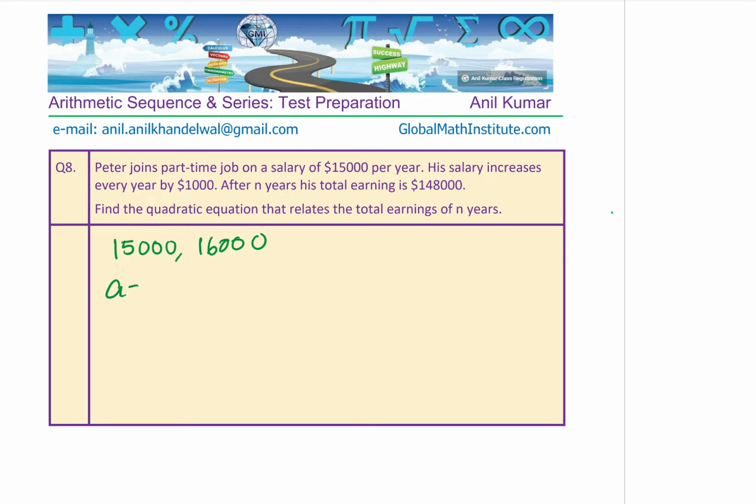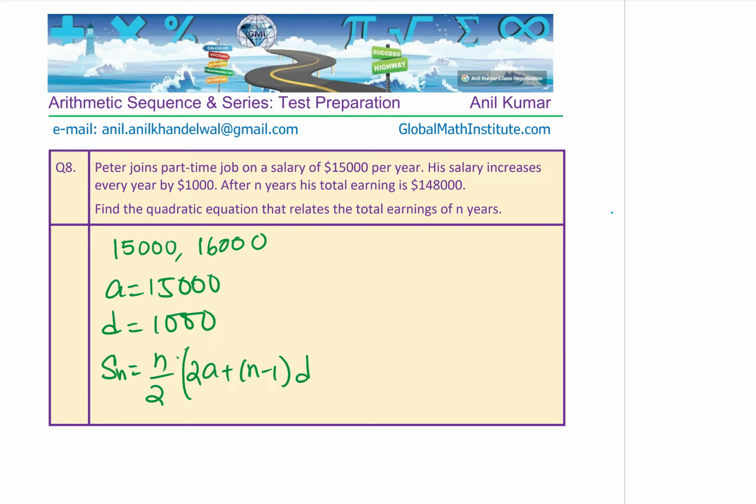So, a is 15,000, right? d is 1,000. And we want to find the sum, which is given to us after n years, right? So the sum Sn is n divided by 2 times 2a plus n minus 1 times d, right? That's the formula. So we can apply the formula and find the result.